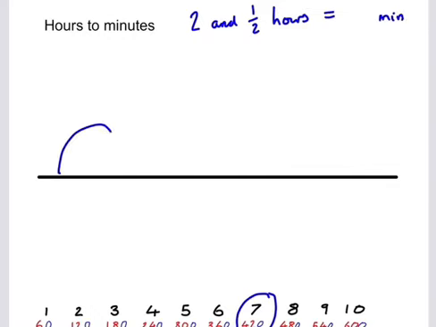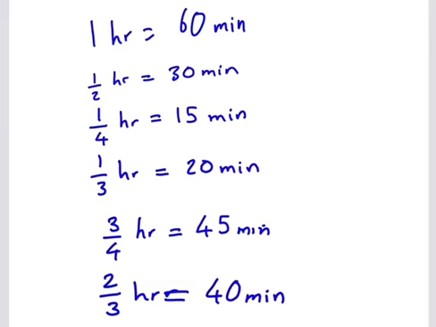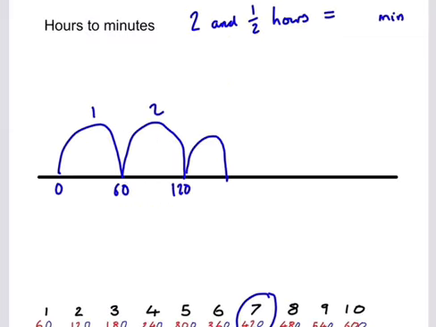Well, 2 hours, 1, 2, which we know is 60, 120, but then we've also got half an hour. Well, we know that half an hour is 30 minutes. We've got another 30 minutes to add to this. 120, add 30, 150 minutes. 2.5 hours is 150 minutes.